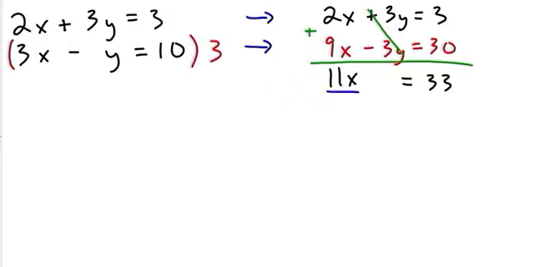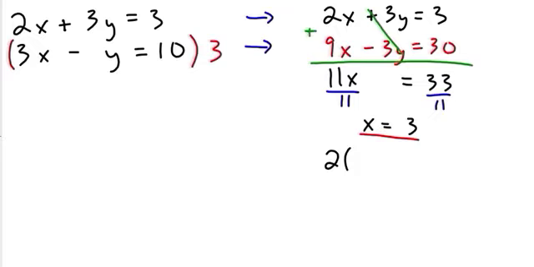Now it's just a very simple little linear equation to solve. Divide by 11, and we get our first answer, which is x is 3. Now, to get the y value, I'm going to plug this x value into one of the equations. I'm going to use the top equation just because the numbers are a little smaller.